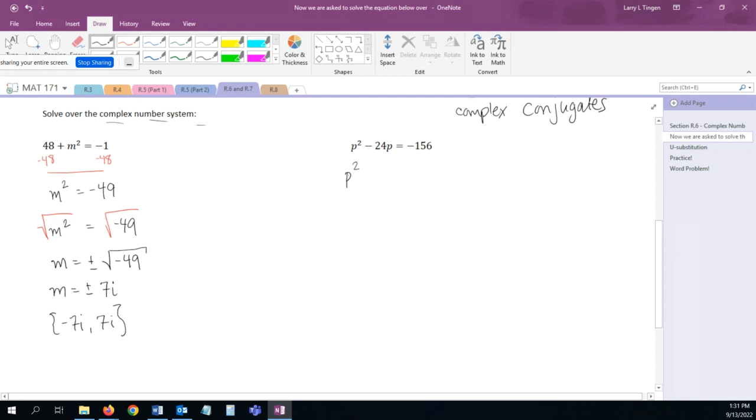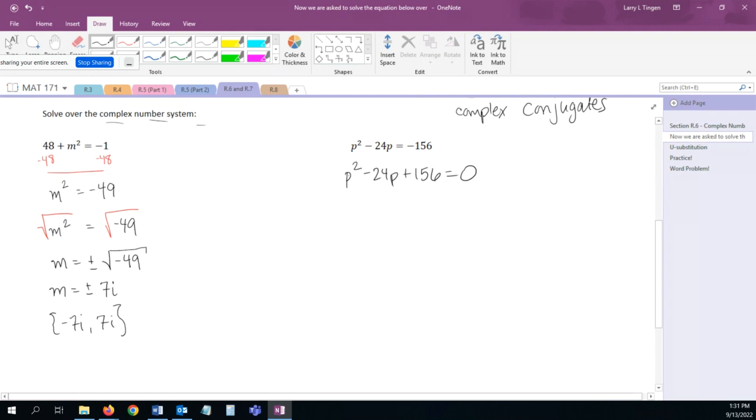Why do I get everything on one side for this problem, but I don't do it on the other? Excellent. It's a quadratic, and it has all 3 terms. Let's say it another way: a, b, and c are all non-zero.